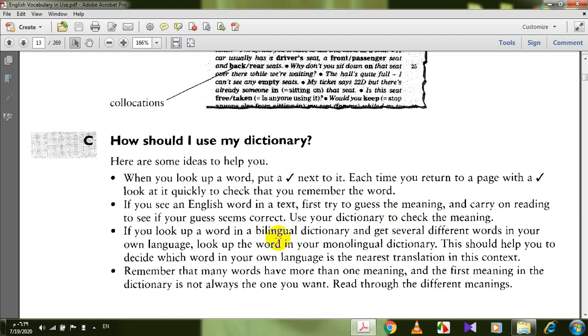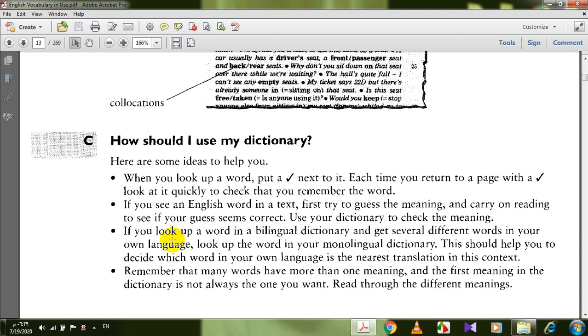If you look up a word in a bilingual dictionary and get several different words in your own language, look up the word in your monolingual dictionary. By the way, sometimes a dictionary gives you more than one meaning for a word, and the first meaning is not always the meaning you are looking for.